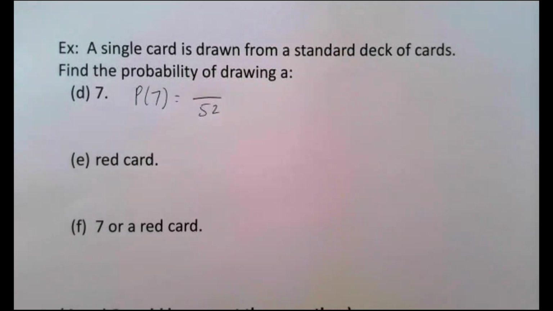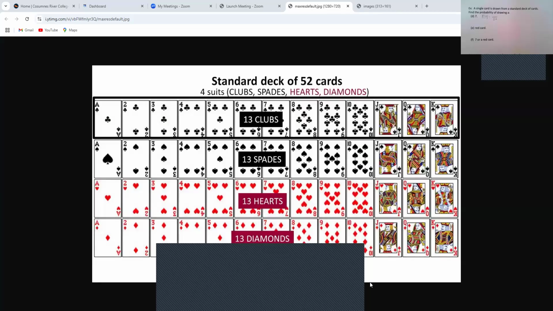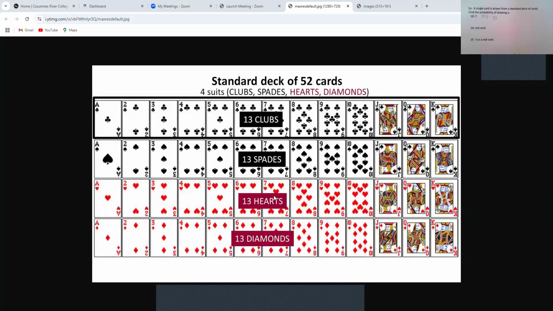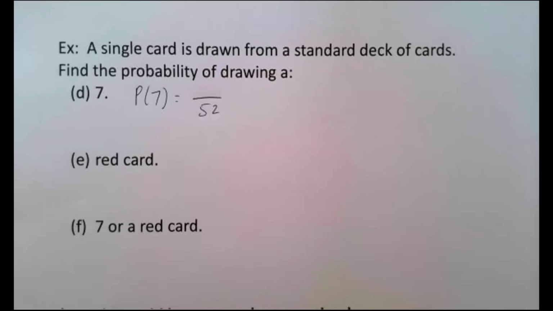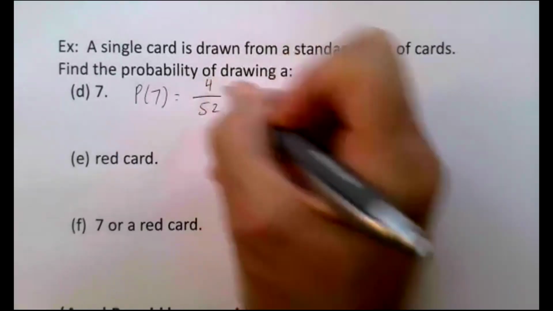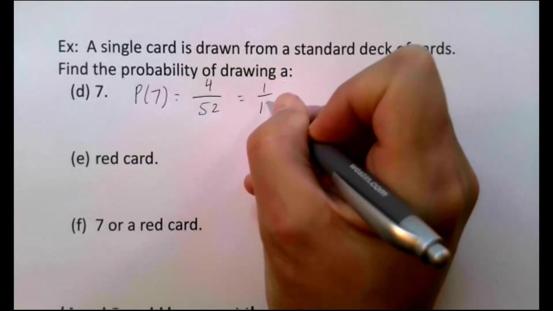How many of those 52 cards are the number 7? Well, it's these 4 right here. There are 4 7s in the deck. So there is a 4 out of 52 chance that we would get a 7. Divide top and bottom by 4, we get 1/13.